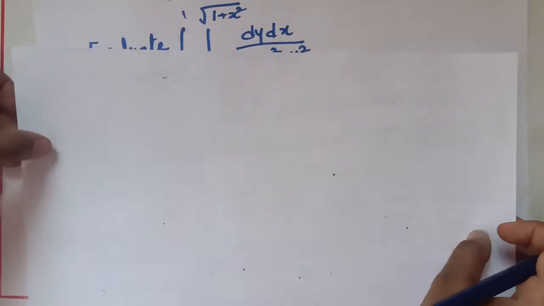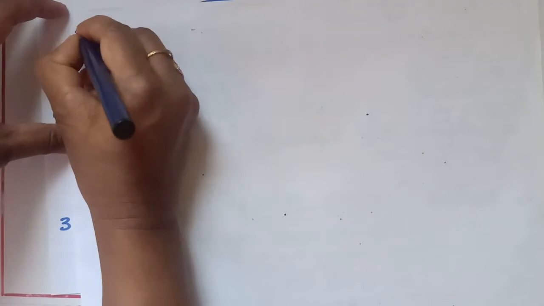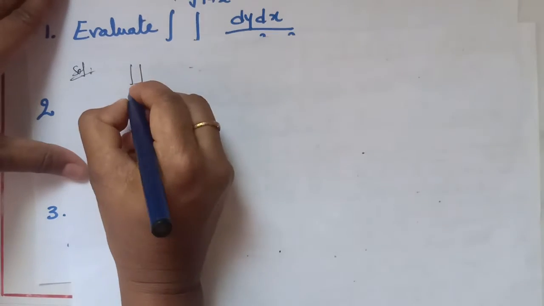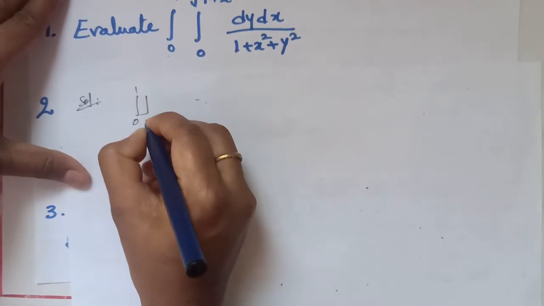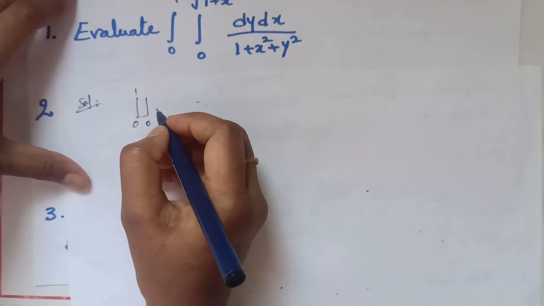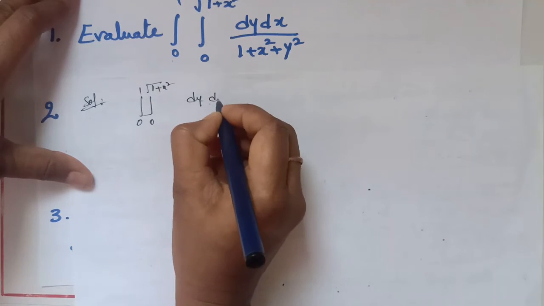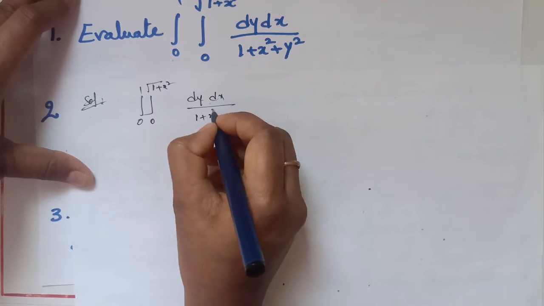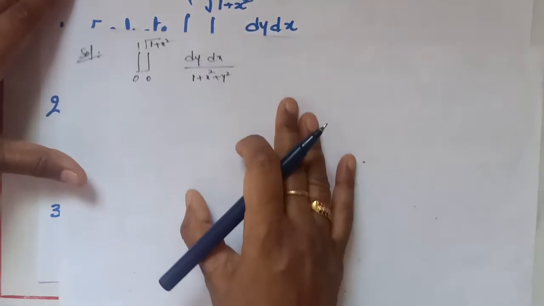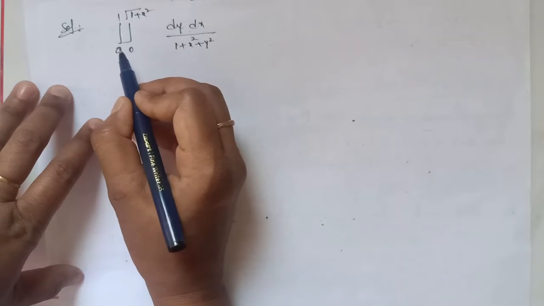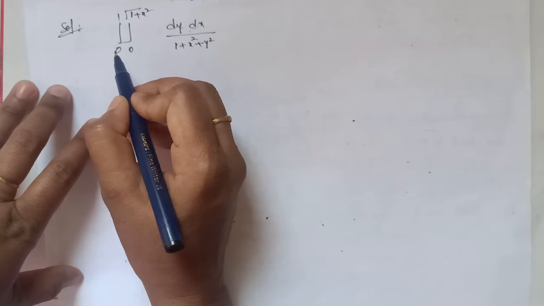Coming to the first problem, we need to find the double integral from 0 to 1, 0 to under root 1 plus x square, dy dx by 1 plus x square plus y square. Look at the limits of x and y.